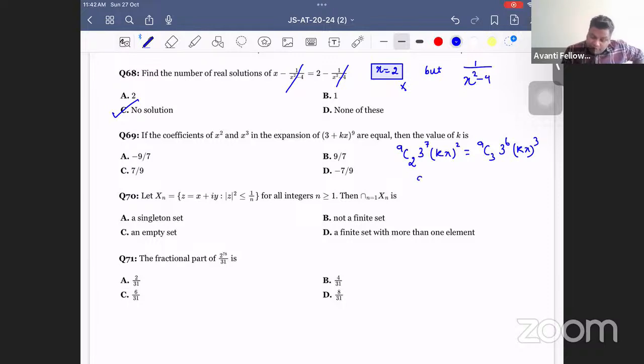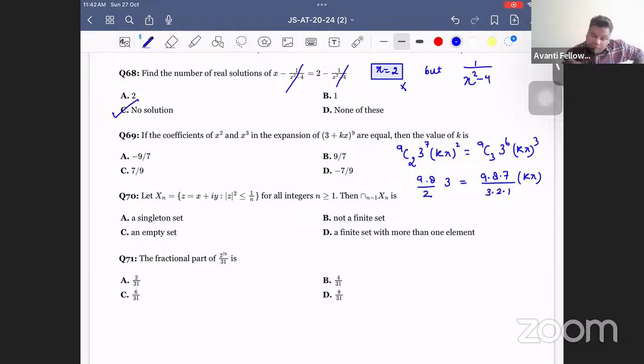Got it? So it is 9 factorial. Directly I will write 9 into 8 upon 2 is equal to 9 into 8 into 7 upon 3 into 2 into 1 into k.